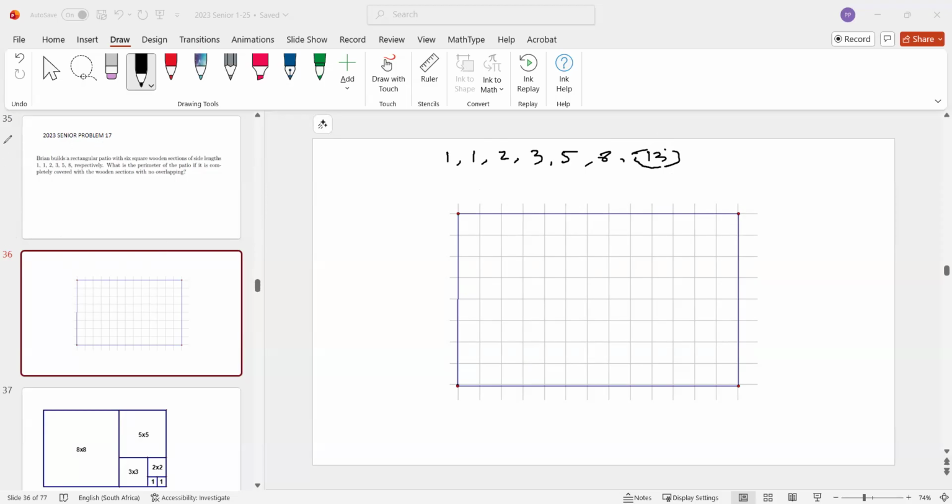Now watch. First, you drop an 8 by 8. If you look this way, you see 8, and if you look downwards, you get 8. So this is 8 by 8.